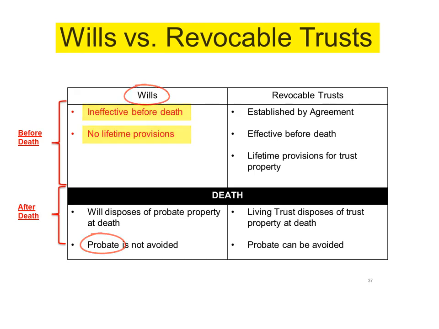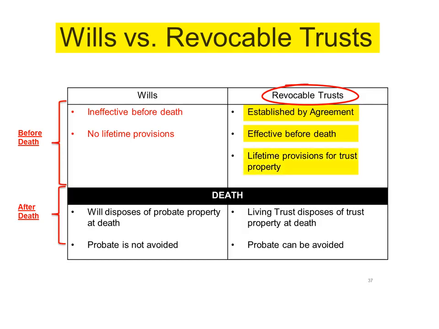When it comes to a revocable living trust, however, remember that it's created by an agreement. It's an agreement between you as the person who establishes the trust and your trustee, and it's effective while you're alive. Earlier we talked about how trusts work, so I won't go into great depth now. I'll just say that because it's established by an agreement between you and the trustee right now while you're alive, it can deal with lifetime issues.